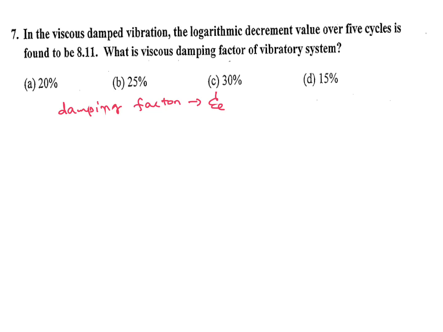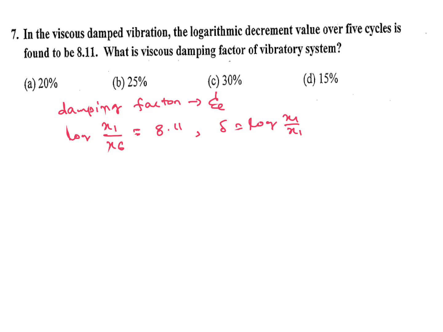Logarithmic decrement is given over 5 cycles, so it's log x1 by x6. After 5 cycles, x6 will be our amplitude, it's 8.11. And delta we know, it's log x1 by x2.